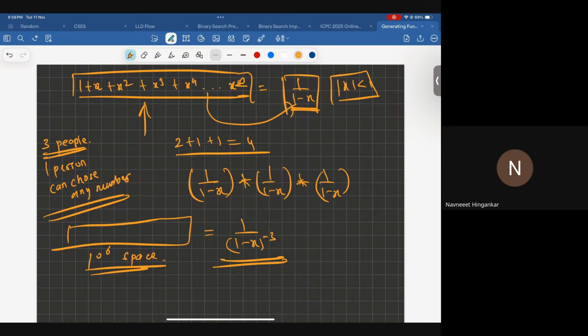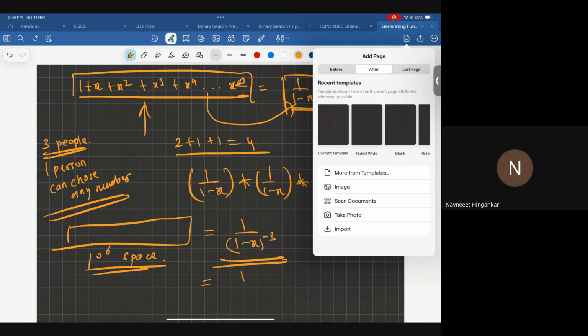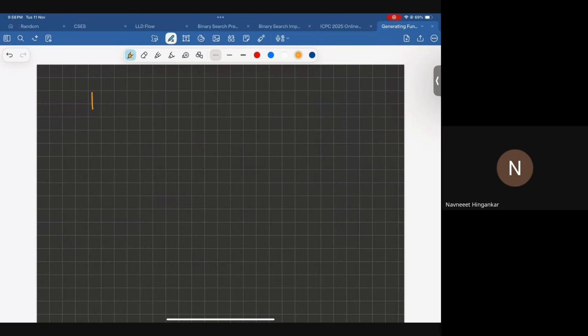Basically you can learn about this. The formula is very simple: 1 upon 1 minus x, or I will write it on a separate page. 1 minus x raised to the power minus n is just n plus r minus 1 C r minus 1, something like this.